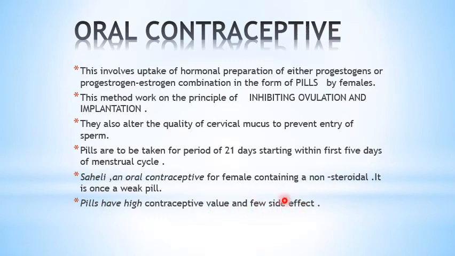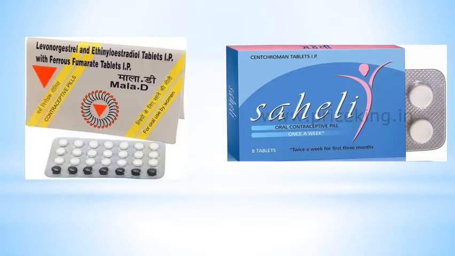Here, week is spelled W-E-E-K, it's not weak, it's not kamzor. It is a week, which is called a hafta, once in a week. These are various images of Saheli, which is taken once a week, and this is to be taken for 21 days. That is your Mala D.